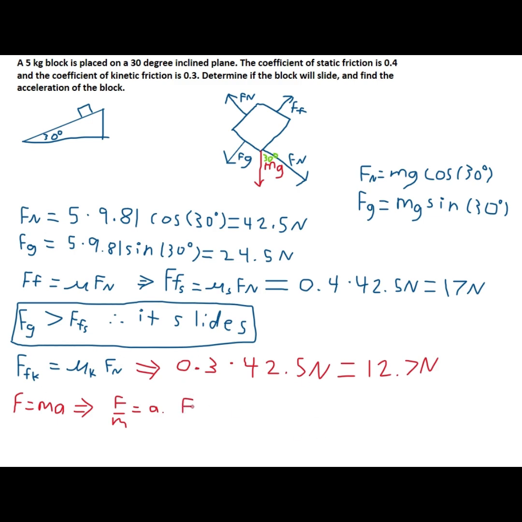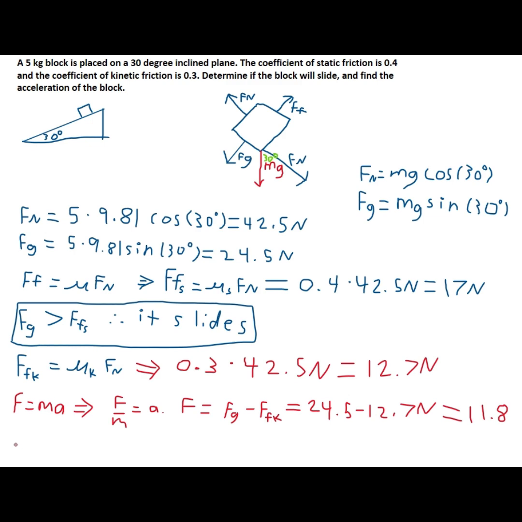So, force is equal to Fg minus the force of kinetic friction. So that'll be equal to 24.5 newtons minus 12.7 newtons, which equals 11.8 newtons. So the net force acting on the box is 11.8 newtons.